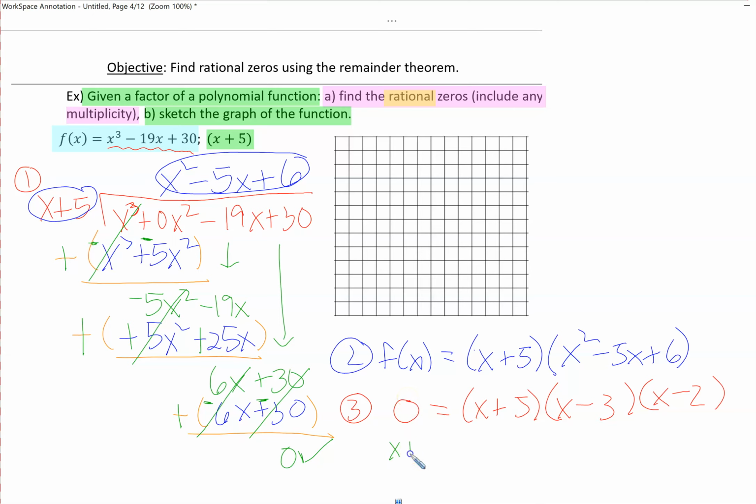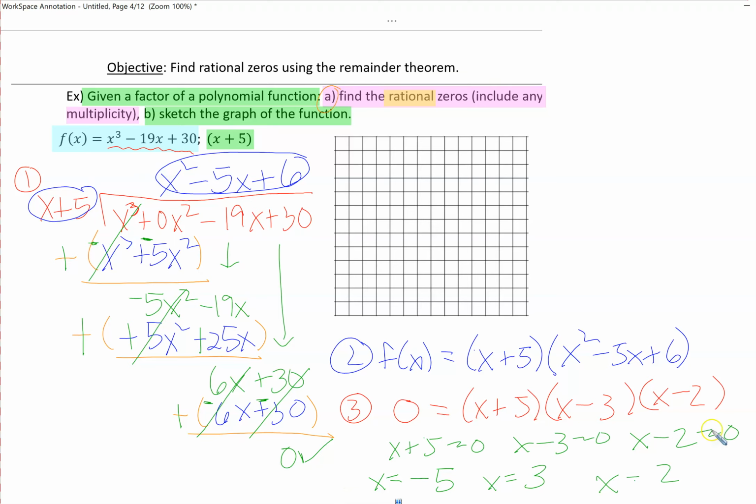So either x plus 5 is 0, x minus 3 is 0, or x minus 2 is 0. So our zeros here, we get negative 5, we get 3, and we get 2. Those are all rational numbers. They're also all integers. And so that gives us our answer to part A.